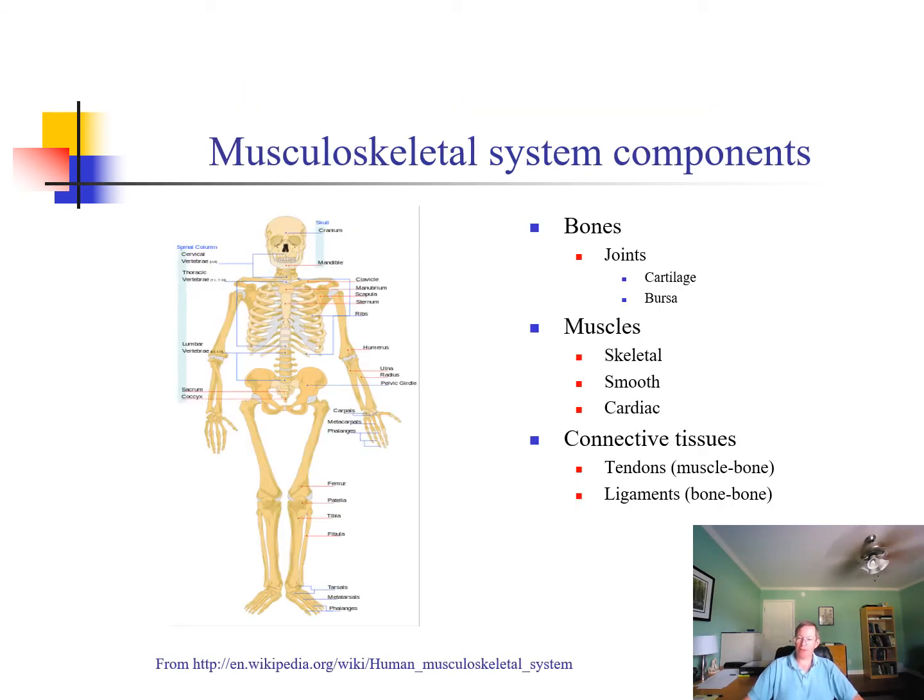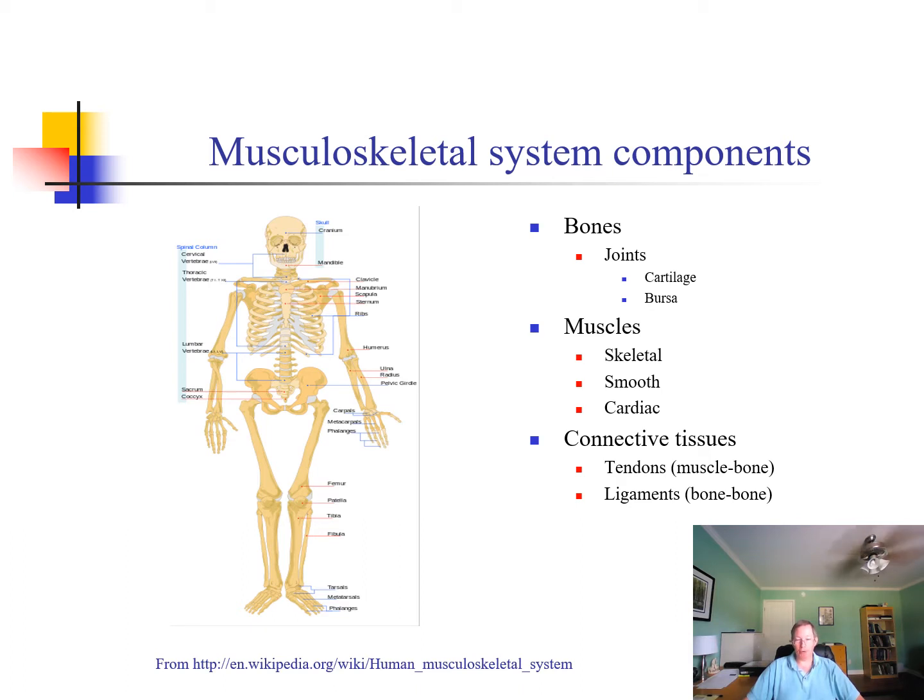Now, in my musculoskeletal system, I have a number of bones. In the adult, that's just over 200. In the child, it's more than that. Many of those bones would fuse. And those bones are essential for us to have structure, not only for protection, but also for movement.